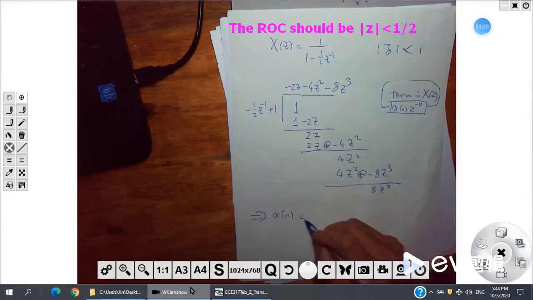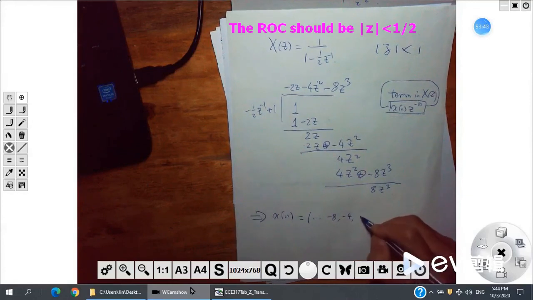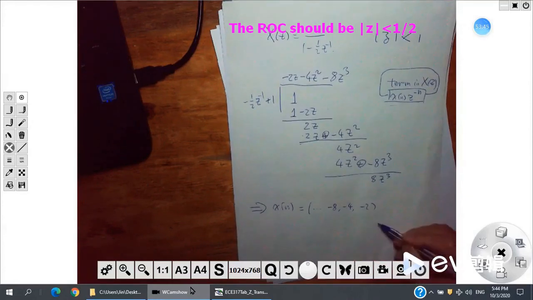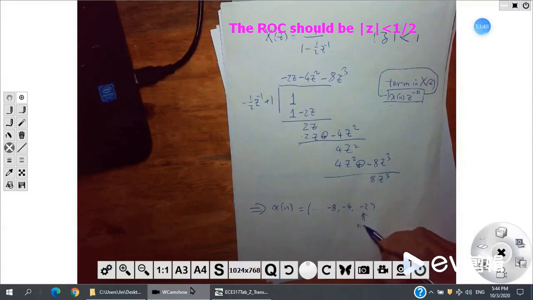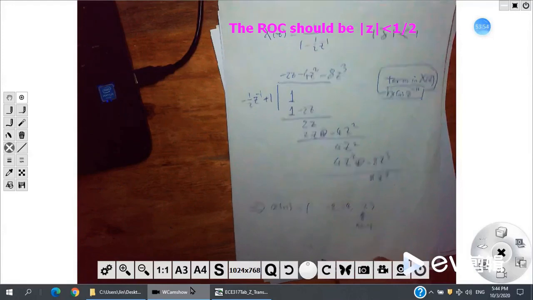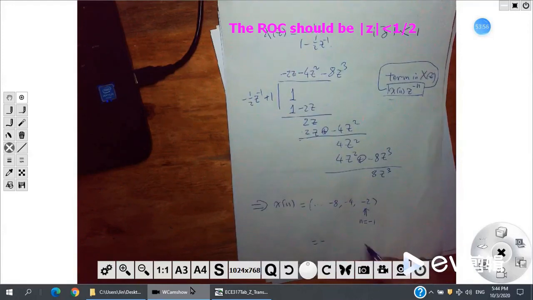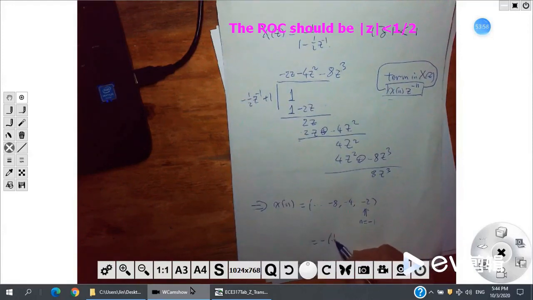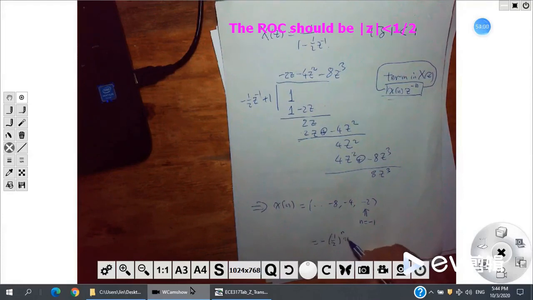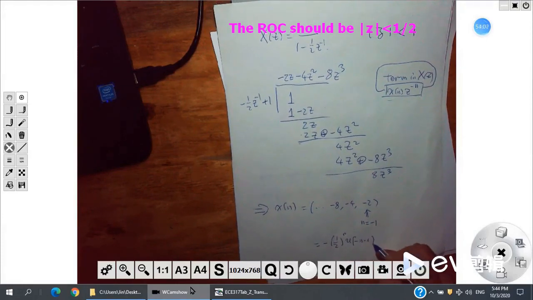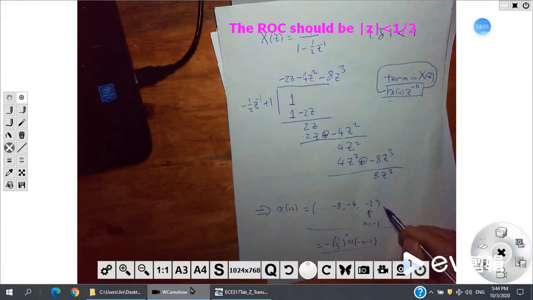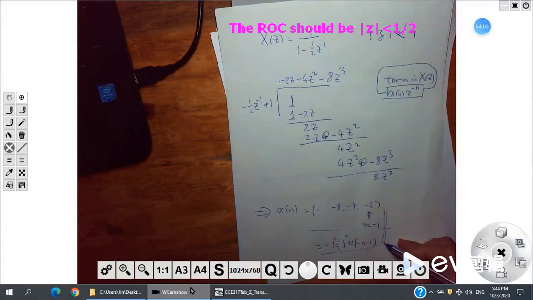So I have at least negative 8, negative 4, negative 2, like this. And this one corresponds to n equal to negative 1. So you need to write this. Actually this is the same as negative. There will be 1/2 to the n and u of negative n minus 1. Yeah, you can check. They should be the same, step by step, element by element. You can find they are the same.